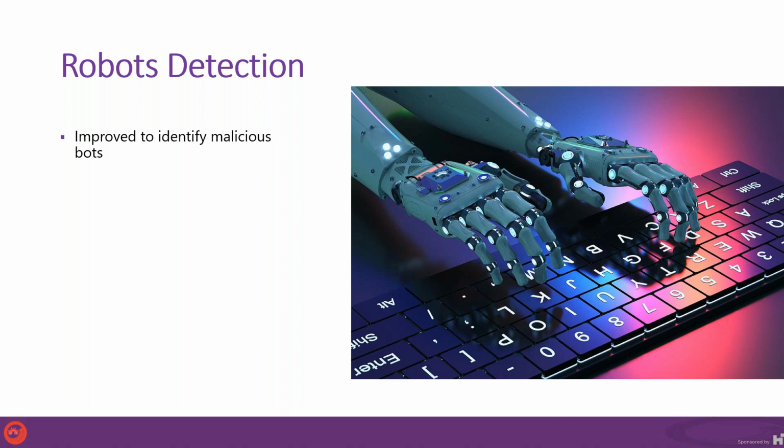The process of identifying these bots was already in place, but whenever Sitecore identified the current user as a bot, the system or application used to restart. So in 9.2, they have improved that process of identifying bots.